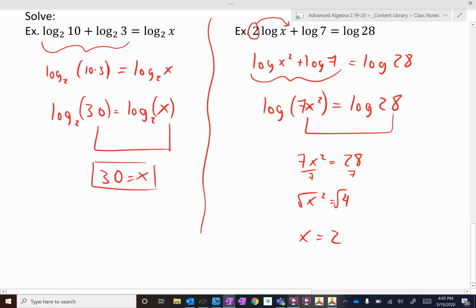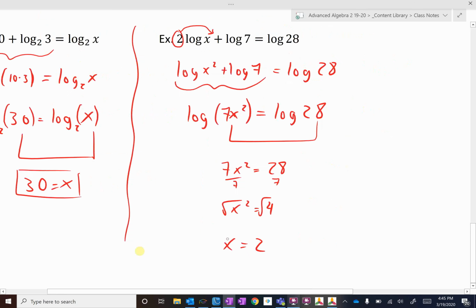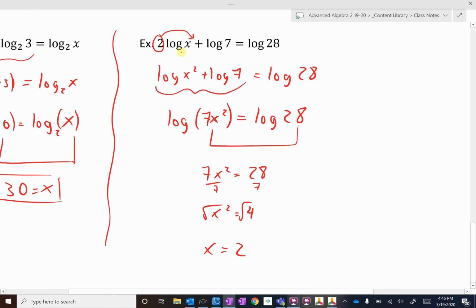Now, we know that if we're solving an equation and we introduce the square root, we need to make sure we account for plus or minus. However, since we know that x is going into a logarithm, we don't need x equals negative 2 because it's inside of that logarithm. Right?